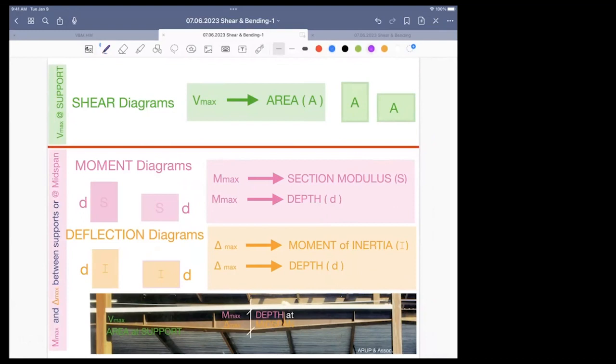One of them is depth squared, one of them is depth cubed. So you need depth if you want to reduce deflection. If you want to span, you need depth. Width doesn't help you, because depth gives you section modulus against bending. Depth gives you moment of inertia, whatever that is, against deflection.